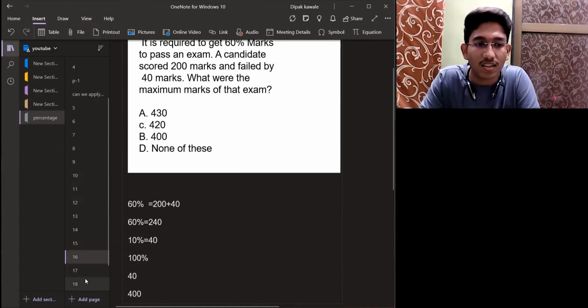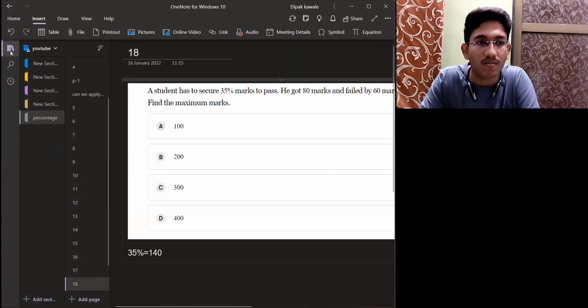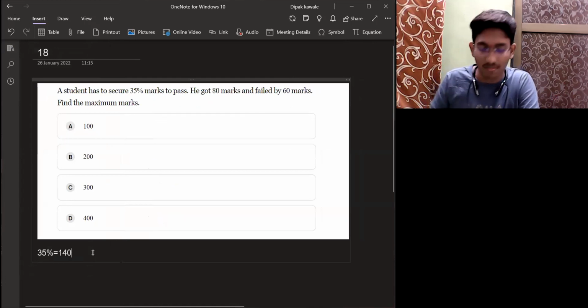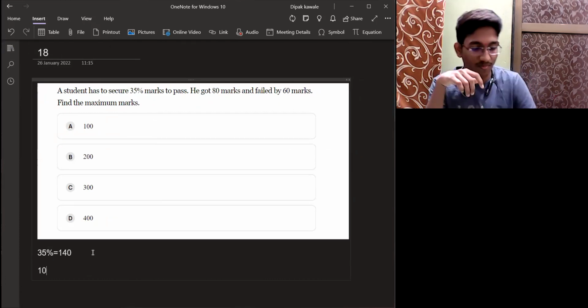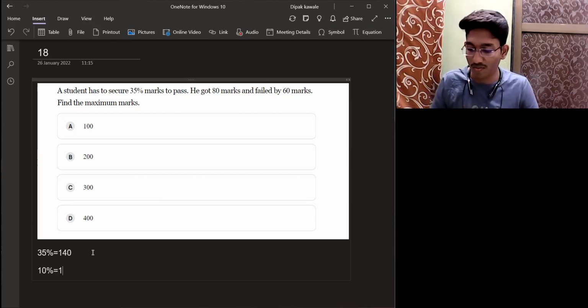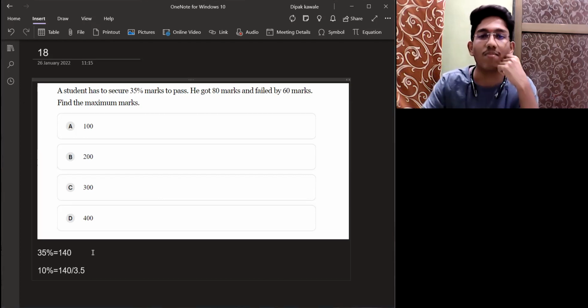But in this situation, if I do the same thing, that is dividing to get 10%, so dividing it by 3.5, my 10% equal to 140 by 3.5. Now this calculation makes the difficulty much more.